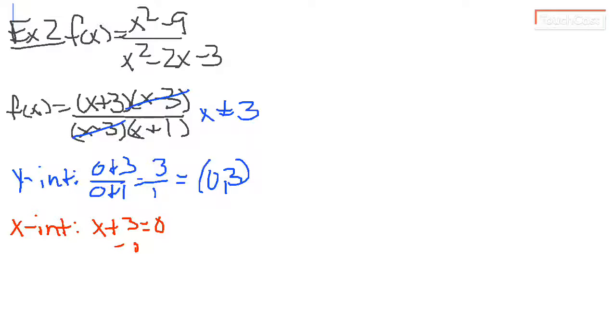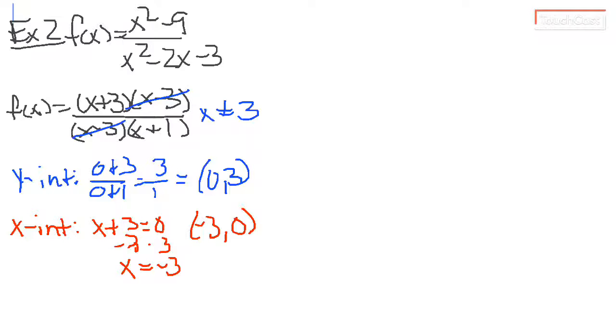We're going to subtract 3 and find that x is equal to negative 3, which means our x-intercept is at the point negative 3, 0. And we've almost got all the information we need. We need to find our vertical asymptote, if there's any, and any horizontal asymptotes.